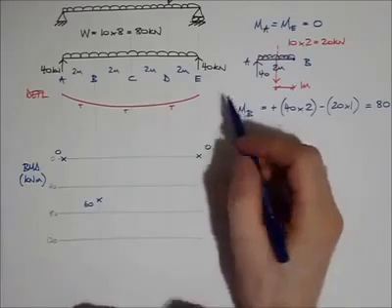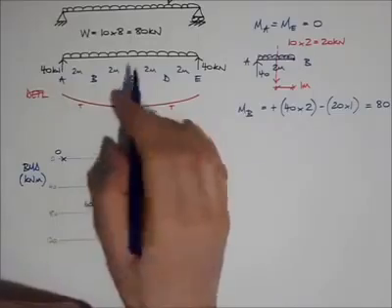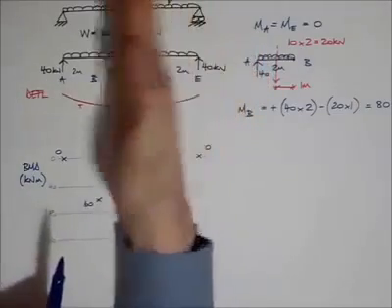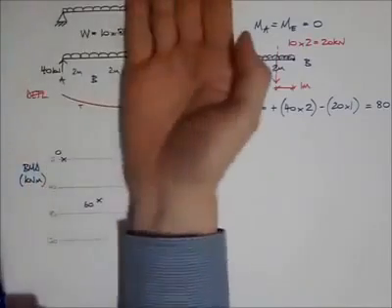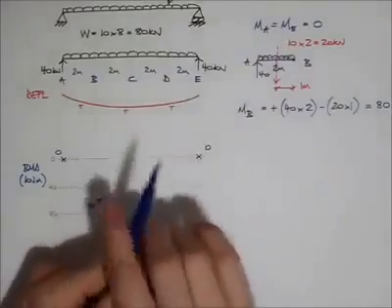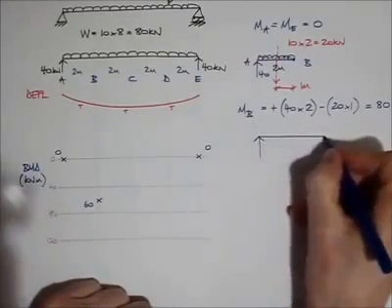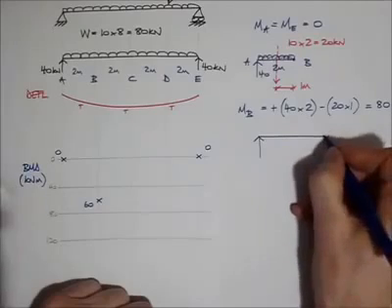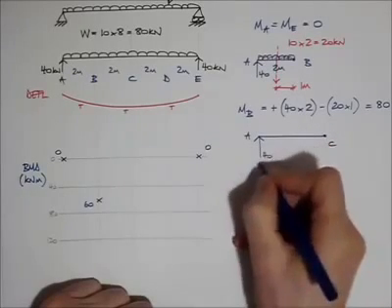Now I'm going to move along. I've done A, I've done B, and I'm going to have a look at C. At C, I need to cut the beam and then look either to the right or to the left. I'm going to look to the left because that's the way I seem to be working. So I'm going to draw out the free body diagram at point C. There, that's A, that's worth 40.